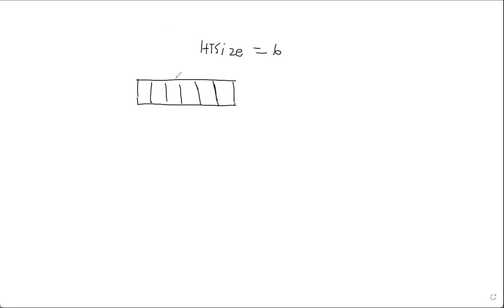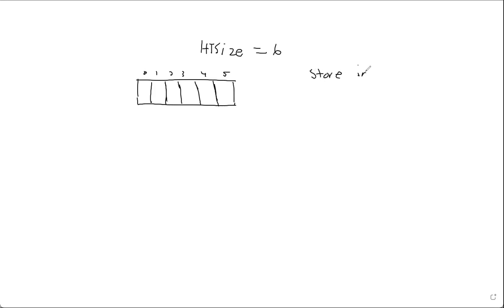We want to store, let's say, integers in this hash table. The slots should be labeled 0, 1, 2, 3, 4, and 5.